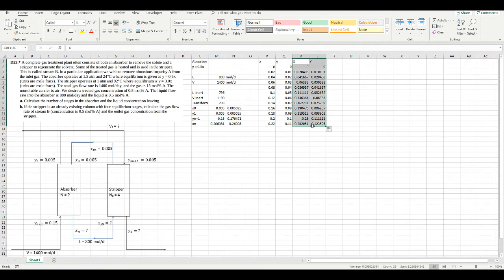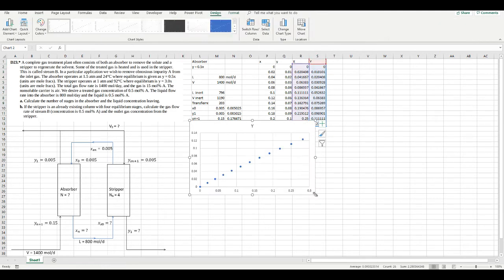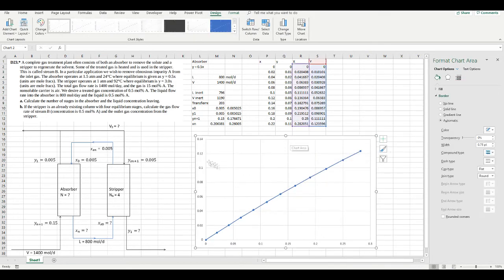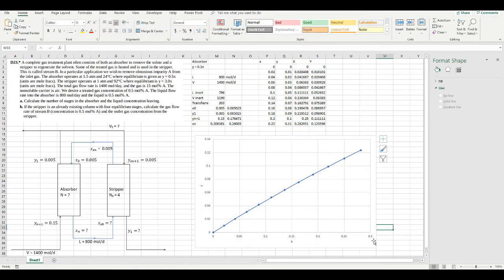Now let's go ahead and plot that. Okay, so this is our equilibrium line. We can see that because we're using mole ratios, it is slightly curved.